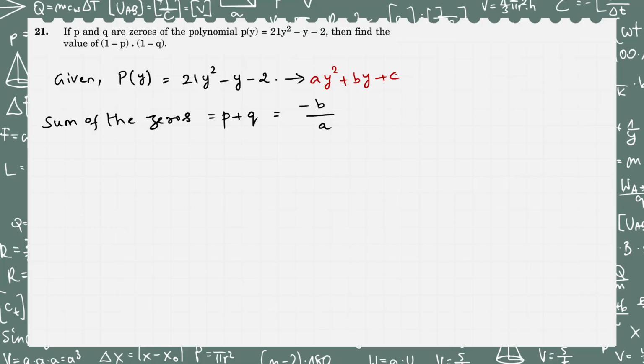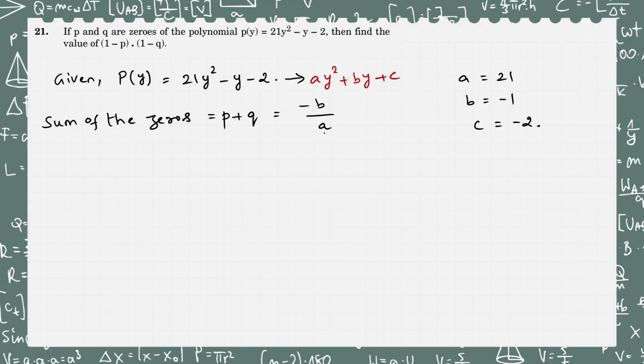So this is our standard form. Now when we compare this and the given equation, we can say a is 21 and b is minus 1 and c is minus 2, isn't it?